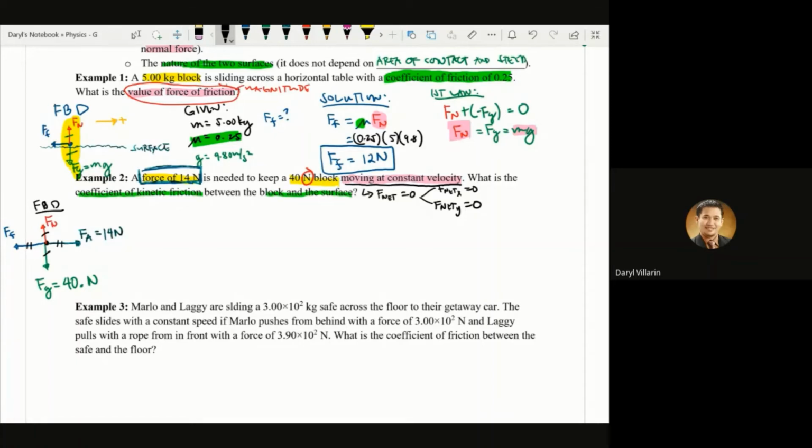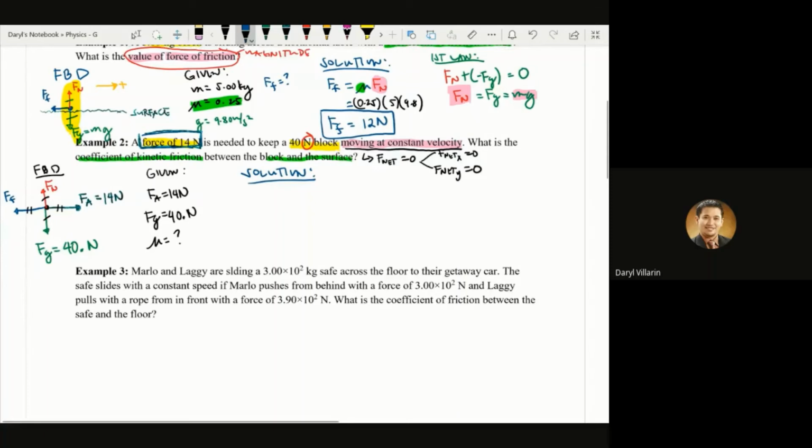So in my solution, for my given quantities, you have Fa equal to 14 newtons, Fg equal to 40 newtons, and you're solving for mu, okay?